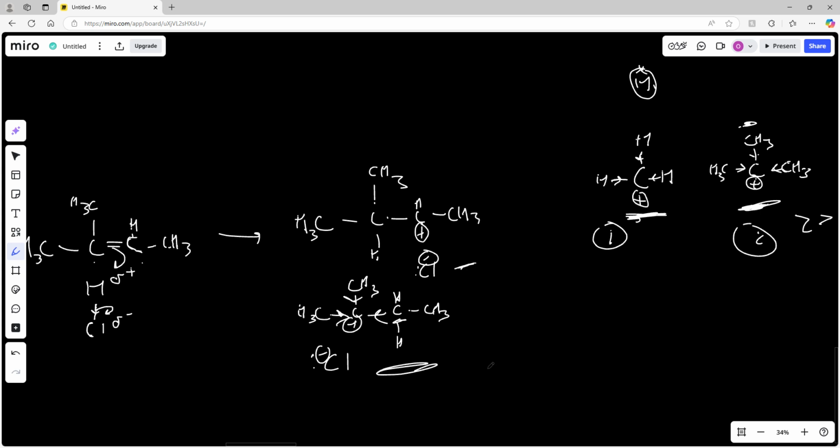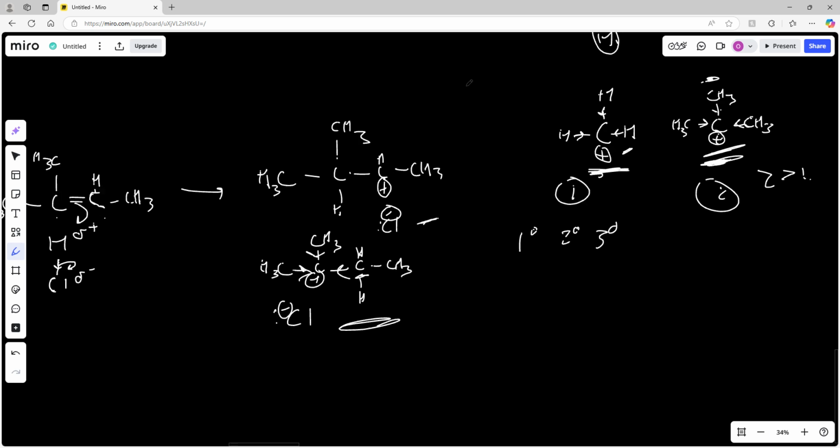You can also look at this by whether the carbocation intermediate is either primary, secondary, or tertiary. So this one is tertiary, this one is primary, which therefore means that it's much more stable. Okay, so that's that.